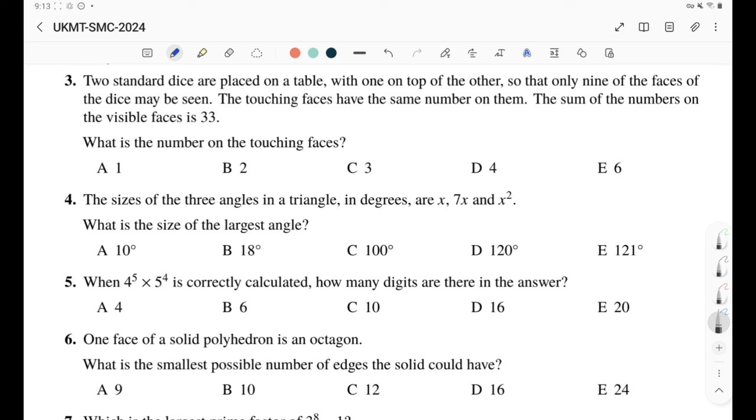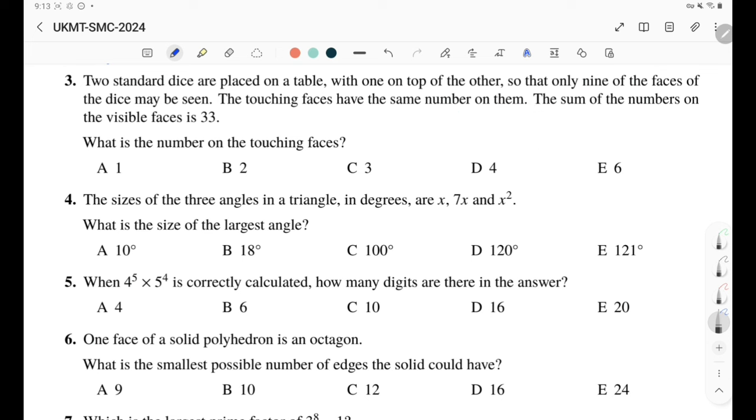That makes sense. Only 9 of the faces can be seen, because in total we have 12, but we are missing the one at the bottom and the two faces where the dice touch. So we're missing 3 faces, which means we have 9 faces.